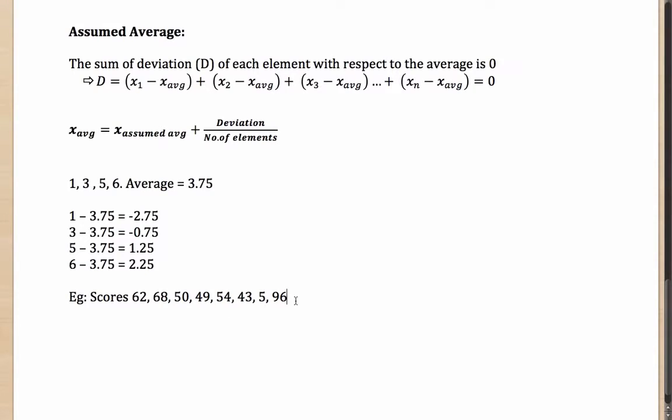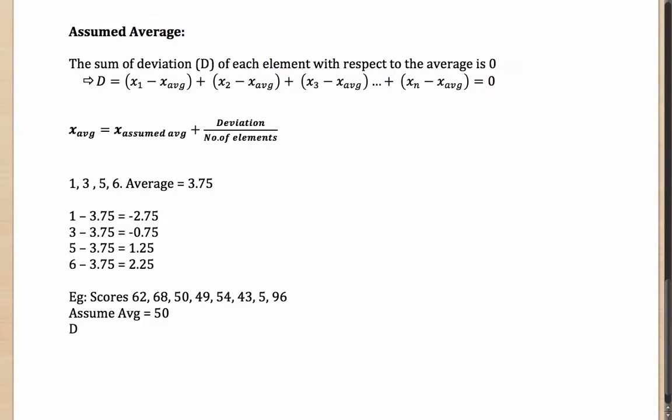You will have to add these 8 values and divide. That is one method. By solving it with the assumed average method, let's say that I assume the average to be 50. I've taken this randomly just so that my calculation is a little easier.